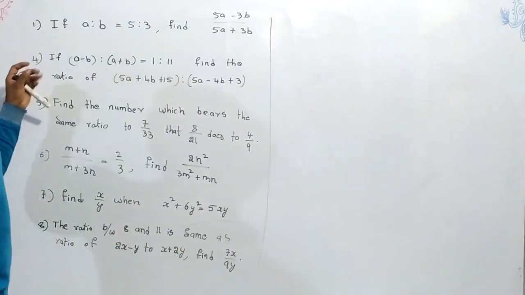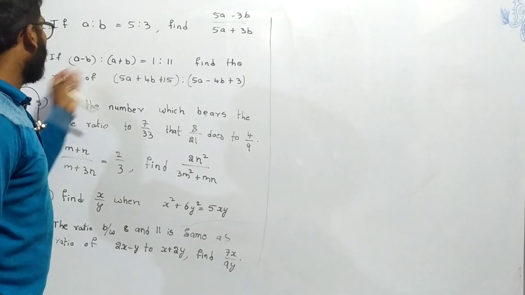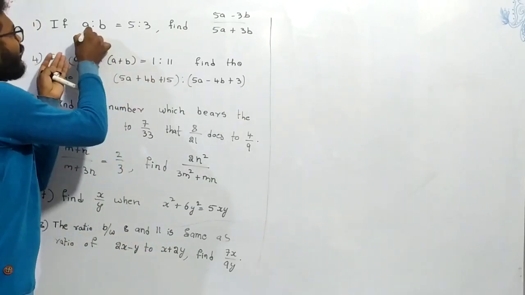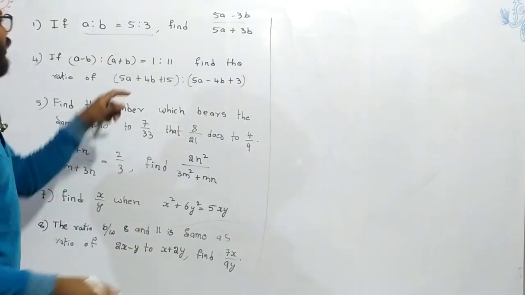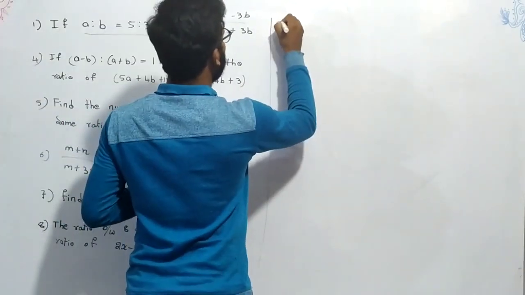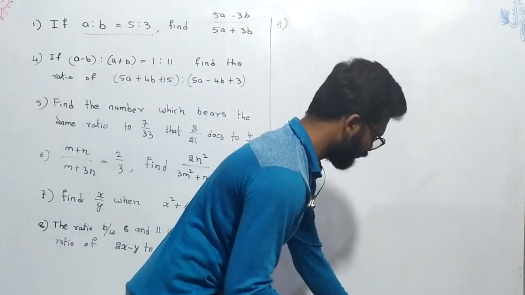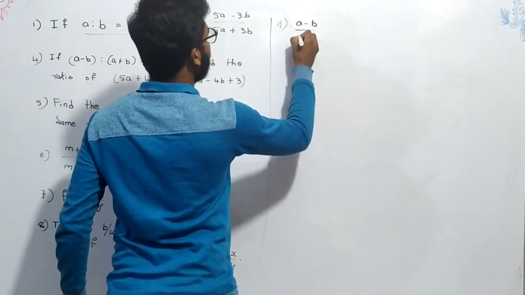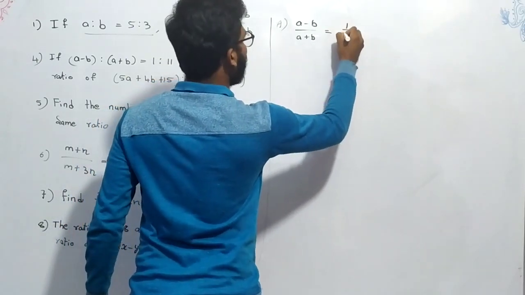This one: if A minus B is to A plus B equal to 1 is to 11, find the ratio of. See, here they didn't give the ratio A is to B. So it is an indirect problem. First, we have to find A by B from this one. Given A minus B by A plus B equal to 1 by 11.